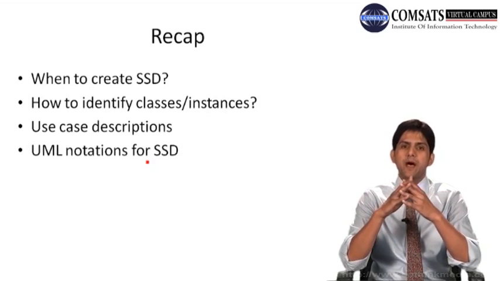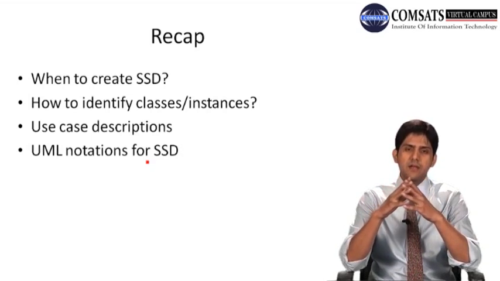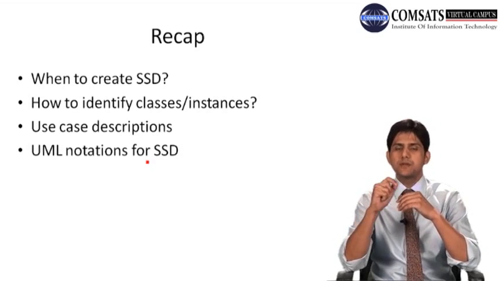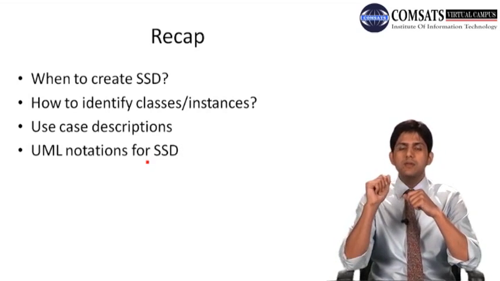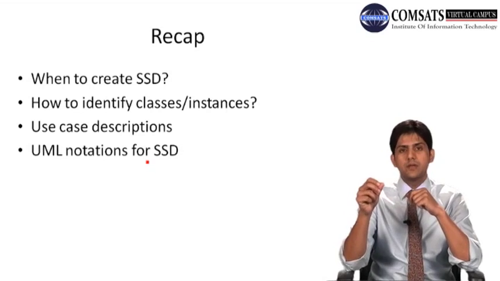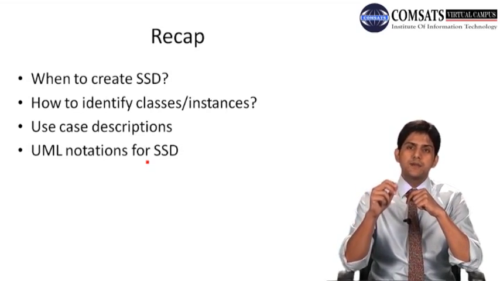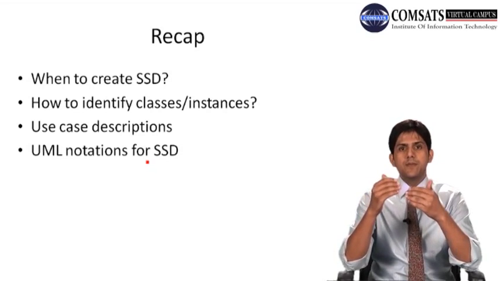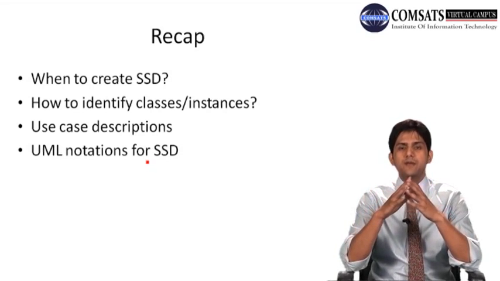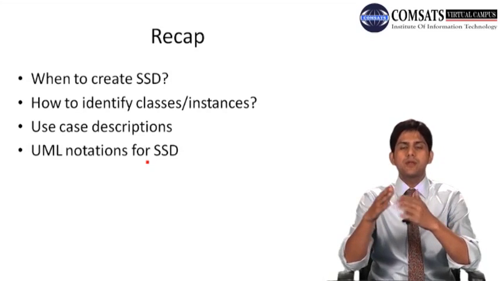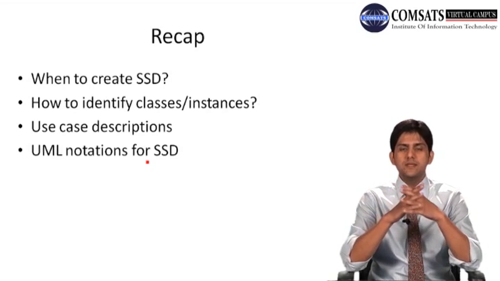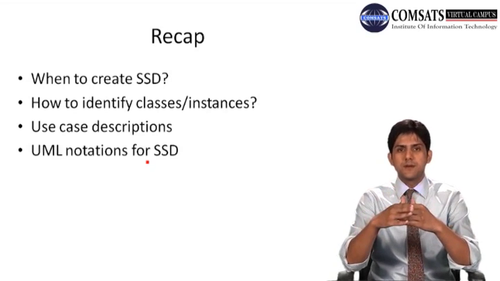And when we discussed activity diagrams, we asked the same question: why do we need to create activity diagrams and when do we create them? The answer was pretty simple: activity diagrams are used to understand or elaborate a use case diagram, because in a use case diagram we can have alternate flows. So through these activity diagrams we can represent those things.